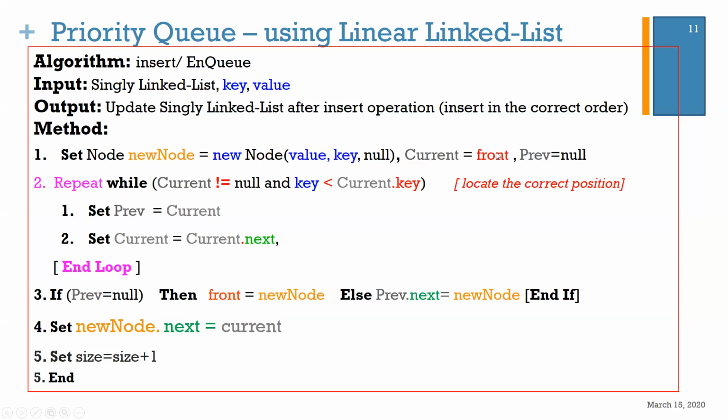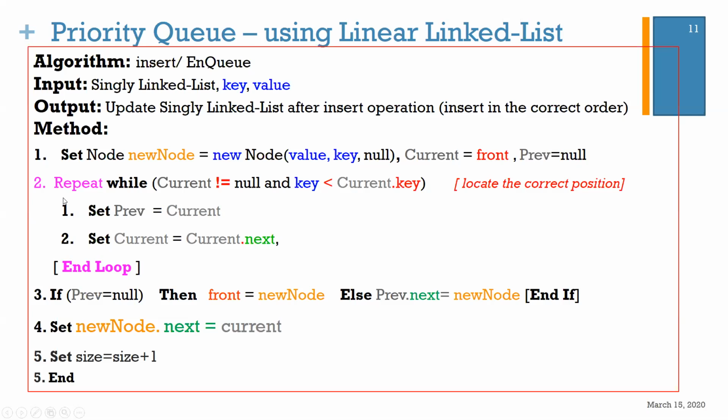Current is the front or head of the linked list, and previous is null. What is the previous of the head? The previous of the head equals null in a linear or single linked list, right?